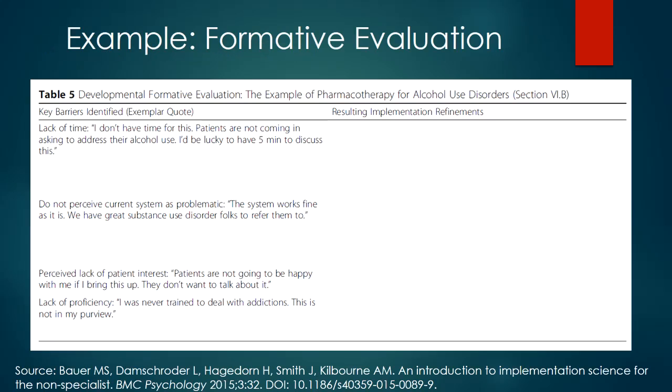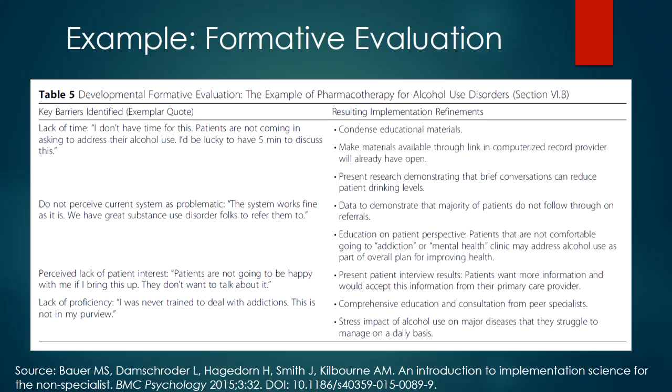And so as the program was being rolled out in a VA healthcare system, the researchers conducted qualitative interviews to identify barriers to implementing this alcohol use screening. So for example, the first one was a lack of time. A quote from one provider is, "I don't have time for this. Patients aren't coming in asking to address their alcohol use. I'd be lucky to have 5 minutes to discuss it."